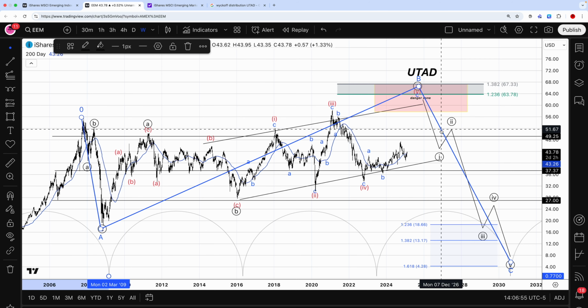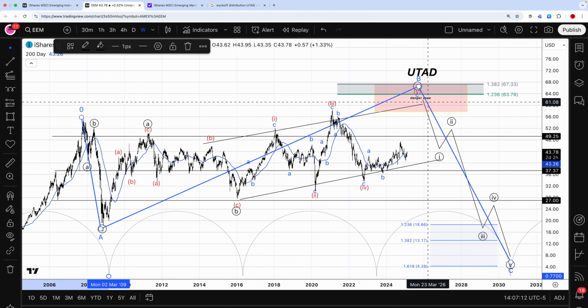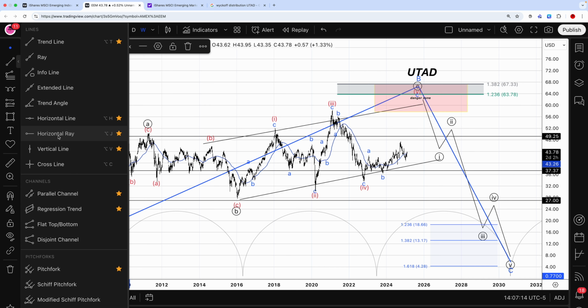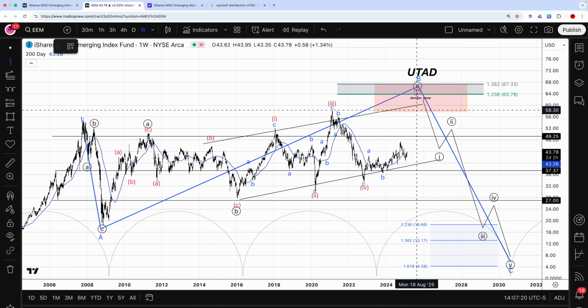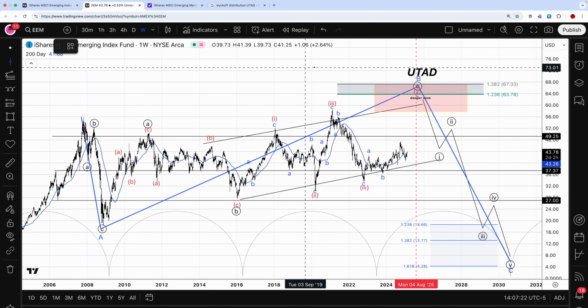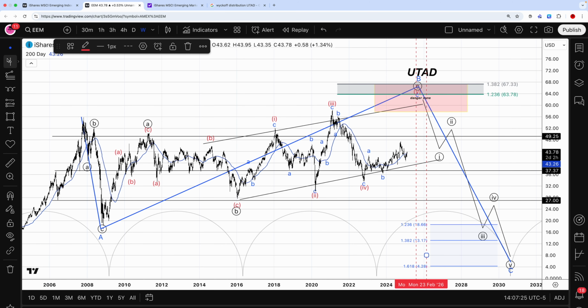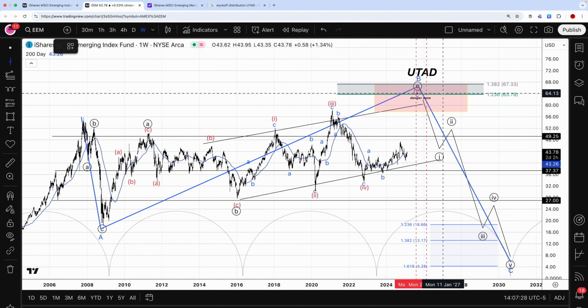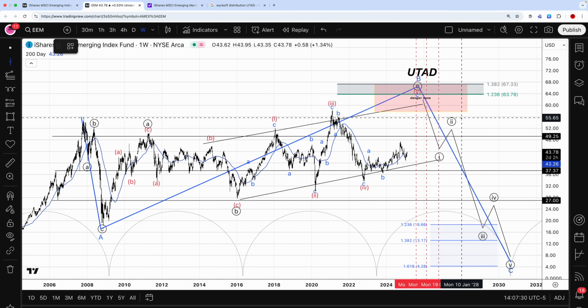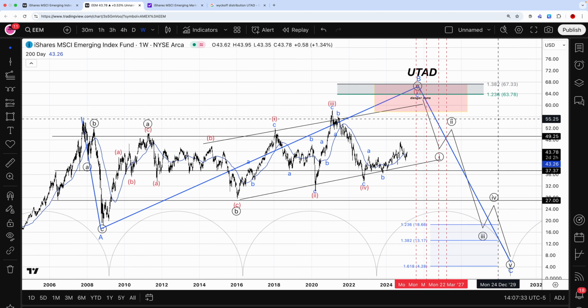Around here. Like as we approach this peak of this time cycle, as we approach that, let me see here. Okay, so around this region would be danger zone.